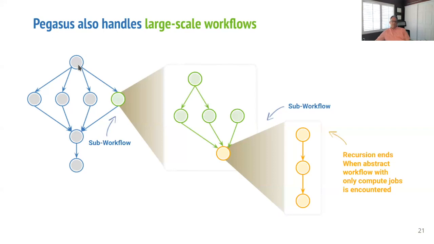I mean, we're talking about hundreds of thousands of jobs before you even get into trouble here. But the other thing that a sub-workflow allows you to do is recursion, right? So you can say this job here, plan that as a sub-workflow, and then this one as another sub-workflow. And so this is one way to do looping or recursion.